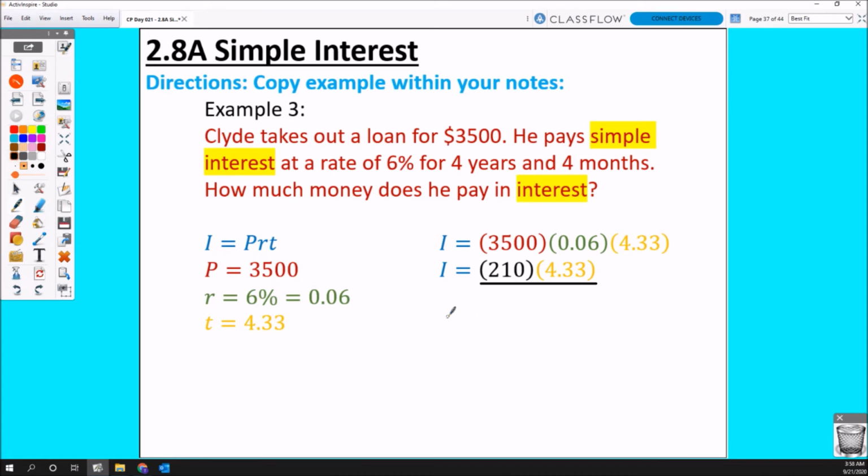So 210 times 4.33. So 3 times 0 is 0. 3 times 1 is 3. 3 times 2 is 6.